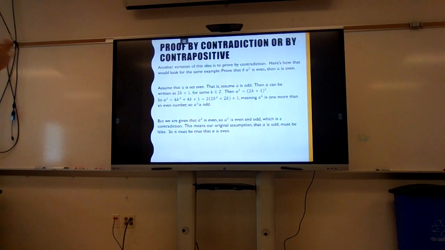And if I take the square root of both sides, I get a equals root 2k. But I'm trying to show that a is even, which means I need to show that a is equal to 2 times an integer. And if I have a equals root 2 times root k, I don't have a 2 there and I don't have an integer. So I'm not getting anywhere. So one of the reasons why you might prove something indirectly is because direct doesn't work, okay?